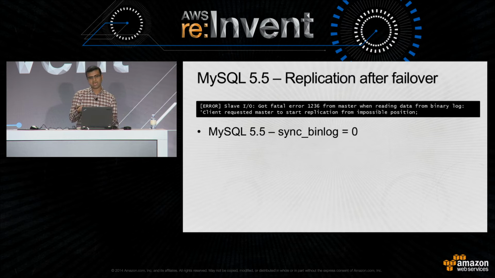So this happens because of a MySQL parameter called sync_binlog, and this is by default set to 0 in MySQL 5.1 and 5.5 with RDS. What this essentially means is, even though MySQL writes to the bin log, it doesn't flush it to the disk and leaves it to the OS to flush to disk, as it would for any files.